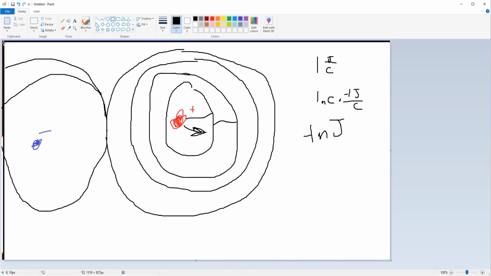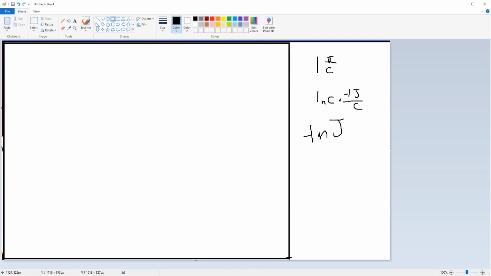If they have the same charge, they would have these same lines like this. But if they have different charges, then their lines also add. So you get these nice, neat little potential lines, right? So here's my blue, here's my red. And what I get here is that I get potential steps from A to B, right?